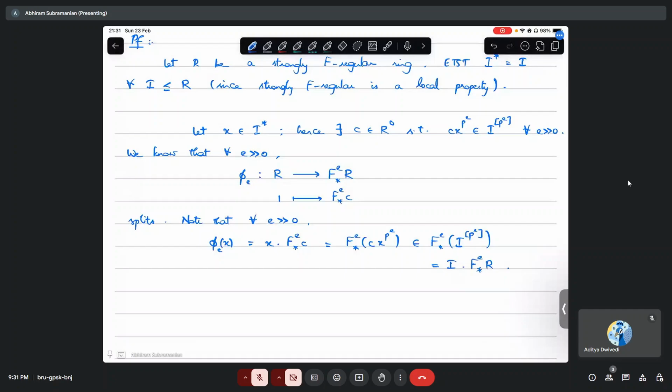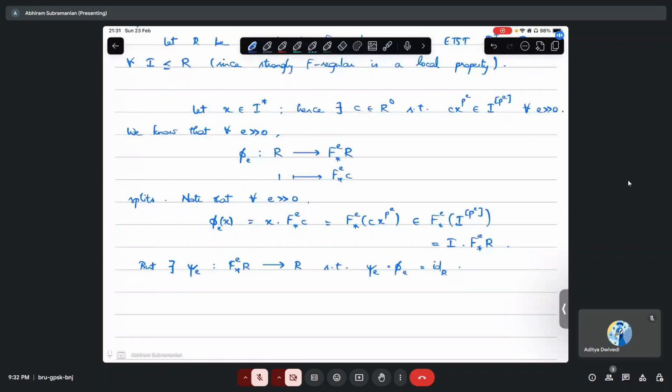Hence, the element x, which is equal to psi e of phi e of x, belongs to I. Actually, yeah, this belongs to I since psi e of phi e of x belongs to I dot Fe star R because the map splits. So therefore, I star equals I. We are done.